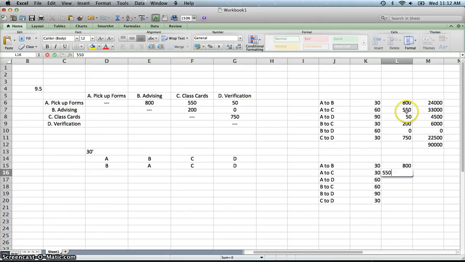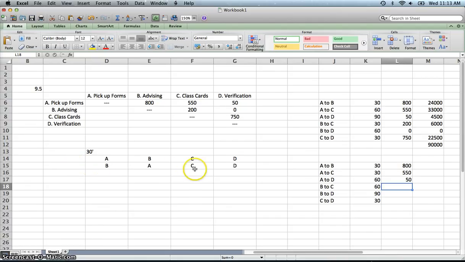You'll see that this 550, because they were two tables apart, was 60, but now they're only 30 because we flipped A and B. A to D is 50. So we gain something there a little bit. Instead of being 90 feet apart, they're only 60 feet apart, but there's only 50 there. So there's not a whole lot there.